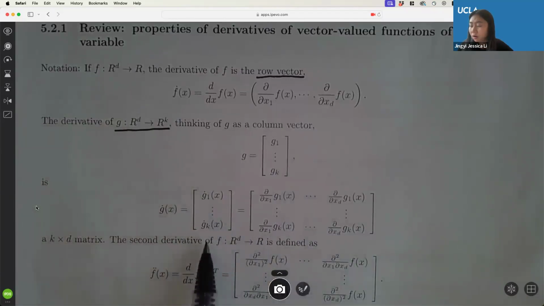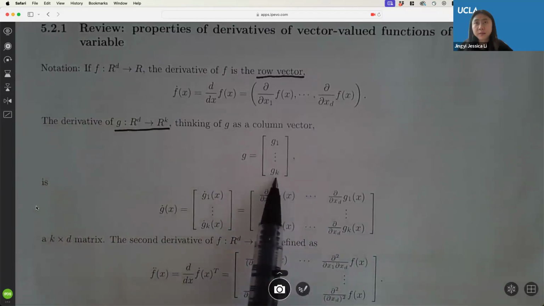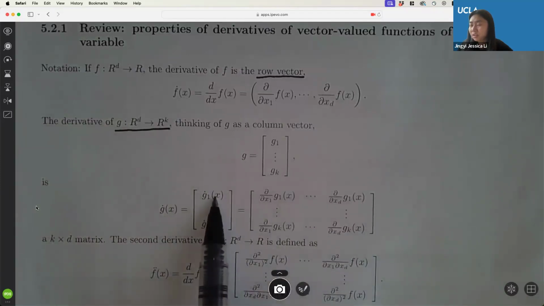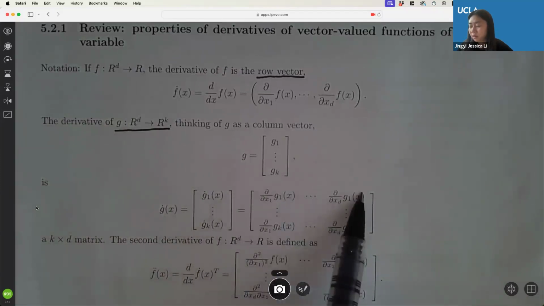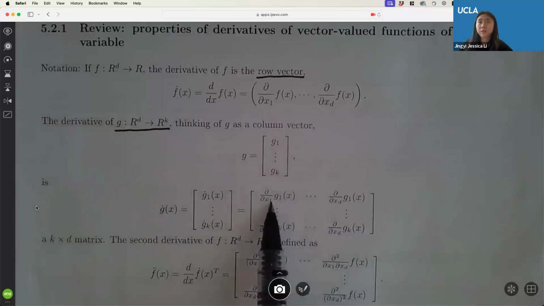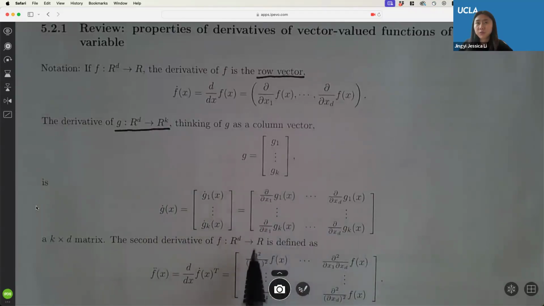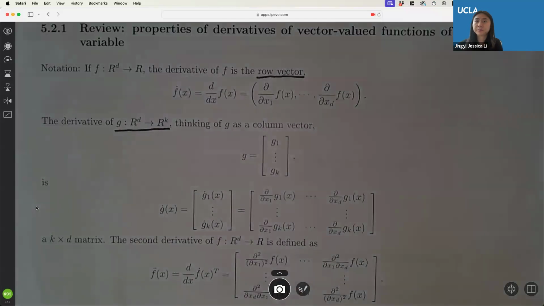Every row corresponds to one output dimension, and every row is the derivative of that output function, as in f. So we have d columns and k rows. The k rows refer to the k output dimensions, and the d columns refer to the d input dimensions. It's a k by d matrix.